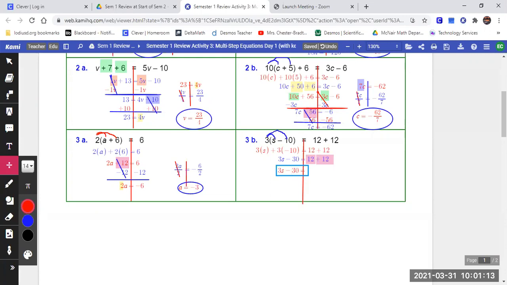Do the math for the right-hand side. What are we going to get? 24. Oops, write it in one spot. Okay, have we handled distribution and combined like terms? Is that all done? Have we handled our distribution? Have we handled our combined like terms? So we're as simple as we can be.